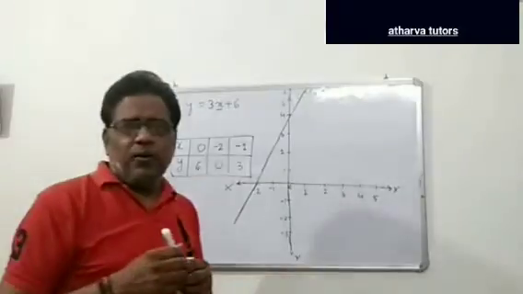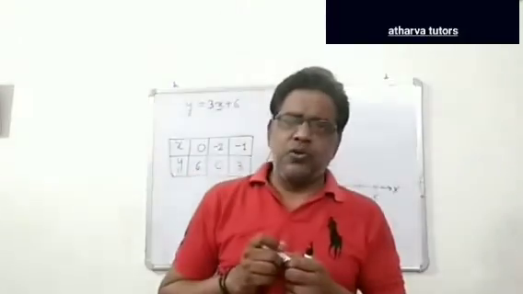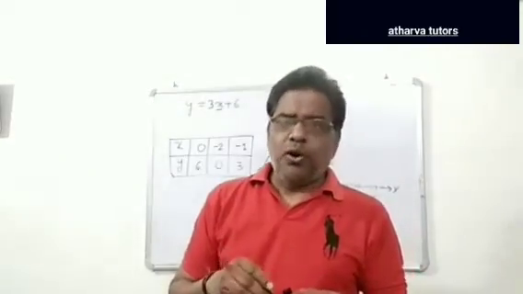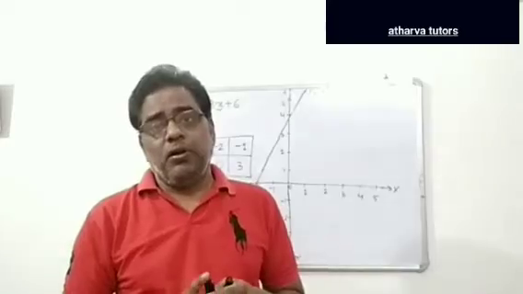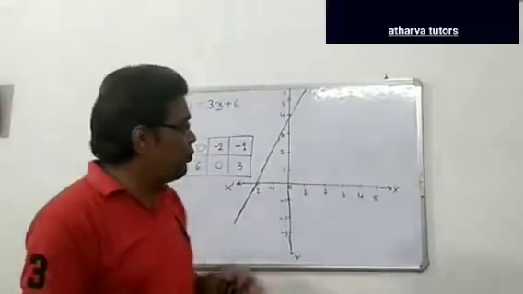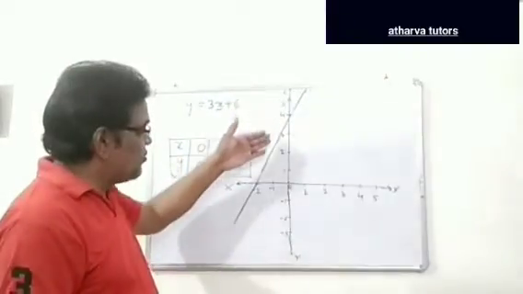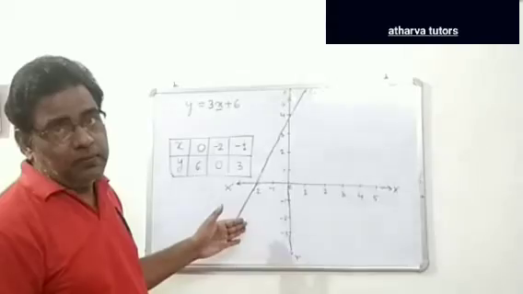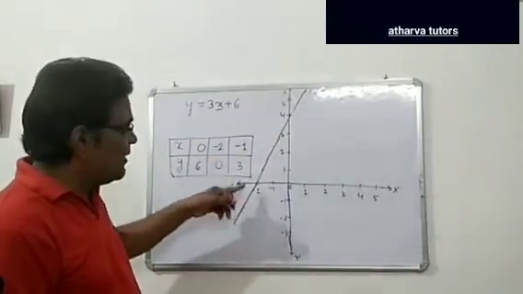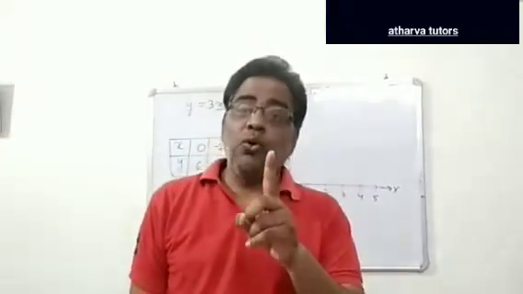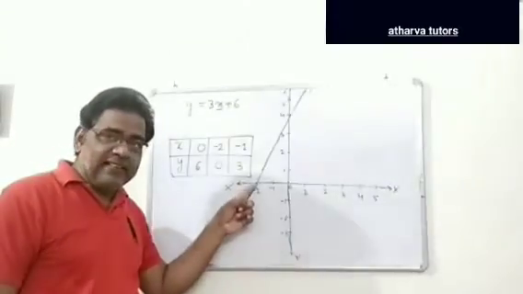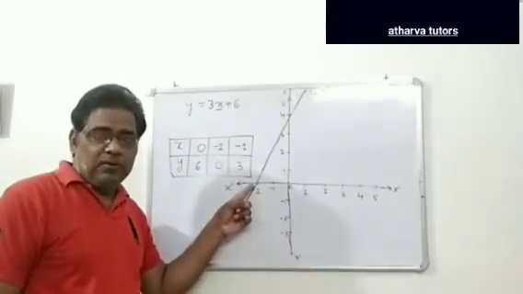That is to say, whenever you have a linear equation, or rather a linear polynomial, in that case, if you plot the diagram, you are always going to get a straight line. One thing you can see here is that this line is cutting the x-axis at only one point.